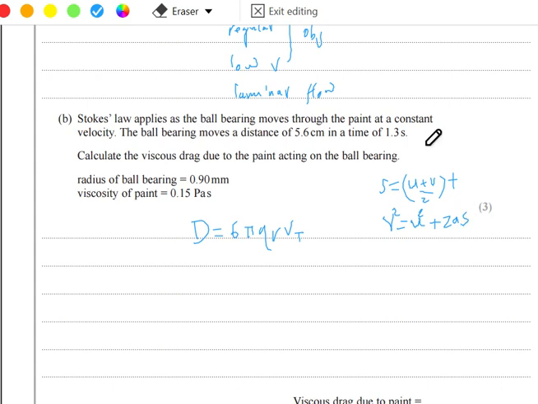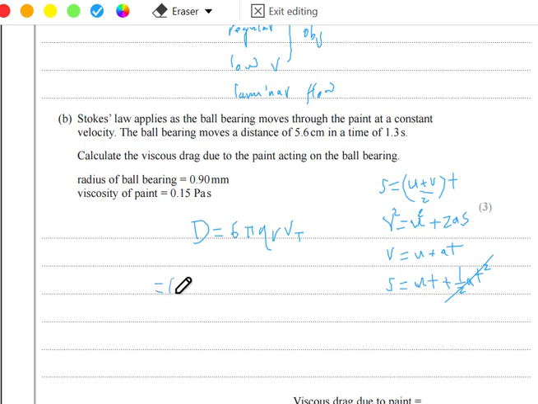This final situation is at constant velocity, and the same goes for v equals u plus at. But if we used s equals ut plus half at squared, even though this term is equal to 0, we still have s equals ut.